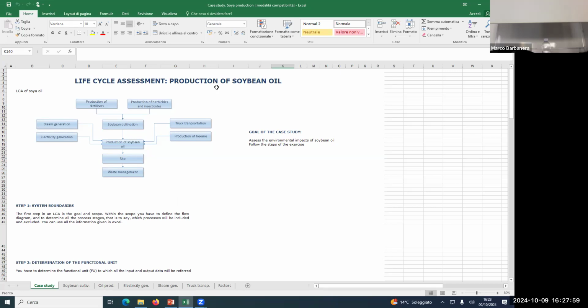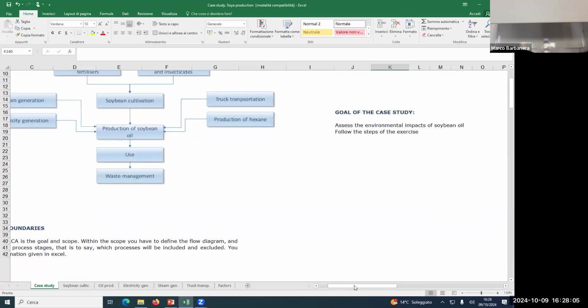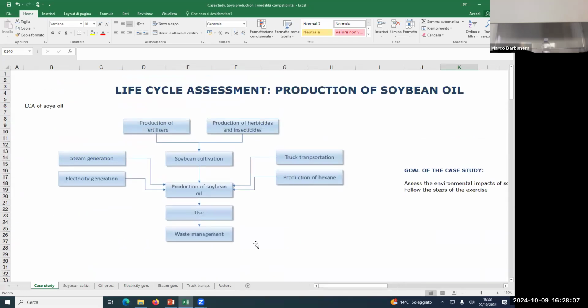If we want to analyze the environmental impacts associated with the life cycle of the production of soybean oil, we have said that the first step is the definition of the system boundaries of the product. In this case, our system boundaries, our flow diagram, is this one. Okay, the first steps are the production of fertilizers, and the production of herbicides and insecticides.